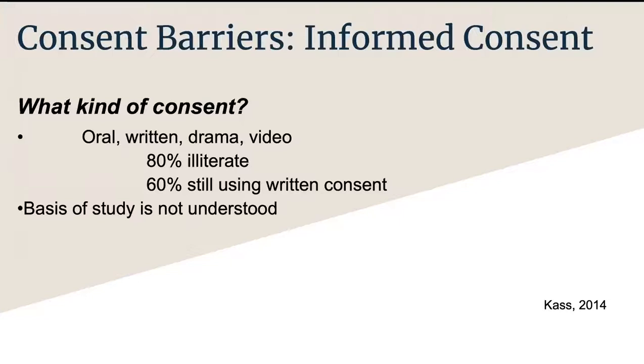There needs to be consideration of the community involved and their knowledge when we're obtaining informed consent. If the basis of our study is not understood, consent is not going to be adequate.